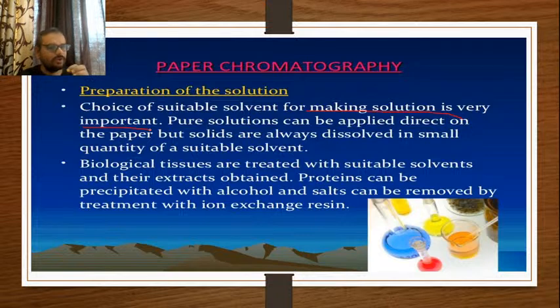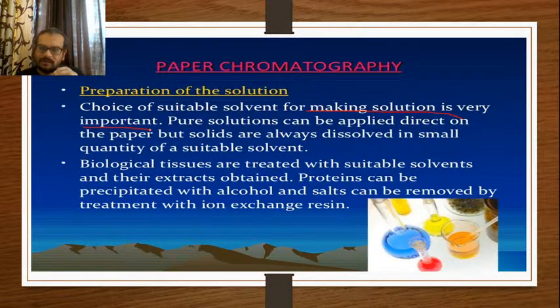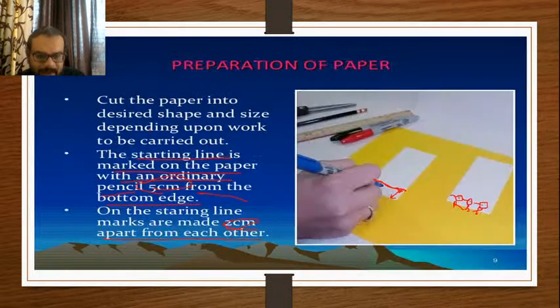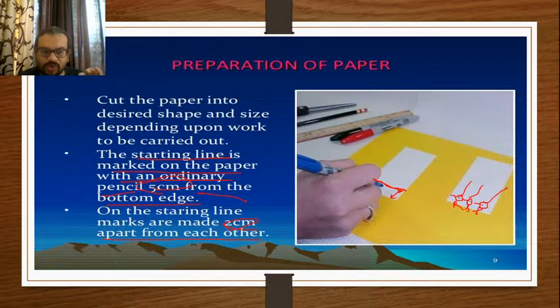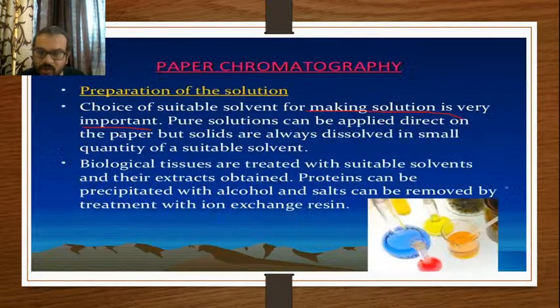You need to dissolve your sample in a particular solvent so that it can be easily applied on these 3 dots, using a solution, and for that purpose your compound needs to be solubilized in the solvent of your choice.